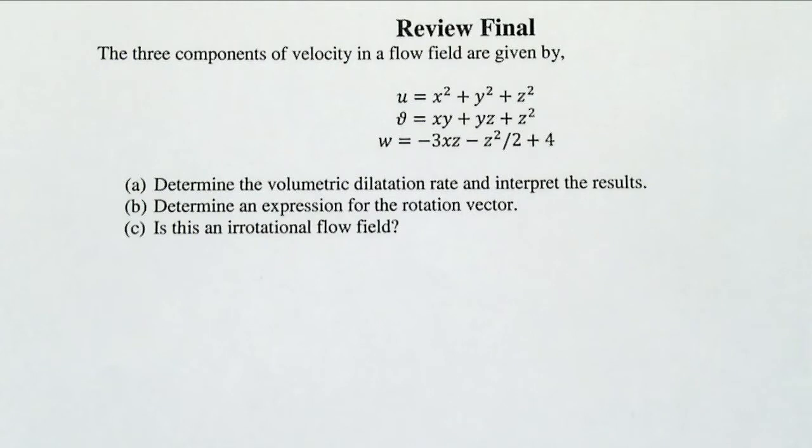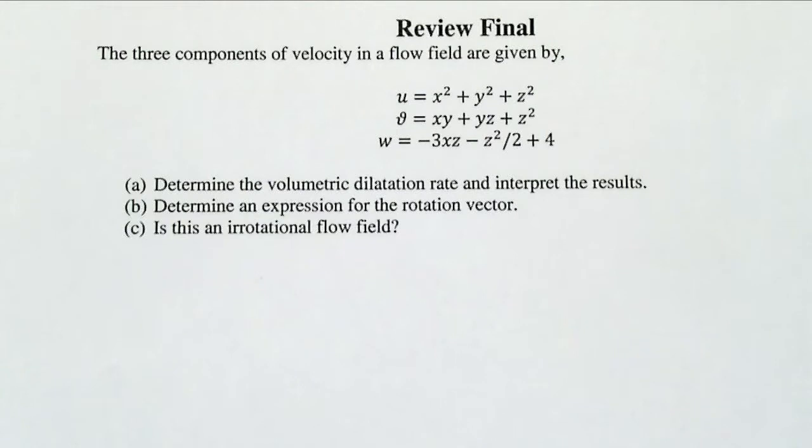Okay, so the first question is for chapter 4. The velocity field is given: u, v and w. It asks what the volumetric dilatation rate is, and to interpret the results, meaning what you will find out by finding the volumetric dilatation rate.